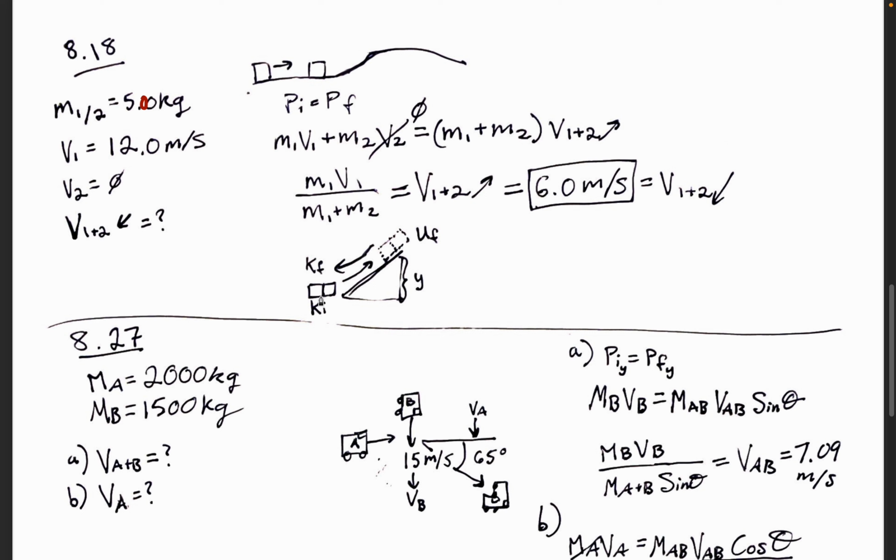So if you're going from, let's say, N to N in the potential energy form, and then back down, you're going to end up back at N, just in the opposite direction. So the velocity going down is going to be the same here: 6.0 meters per second.